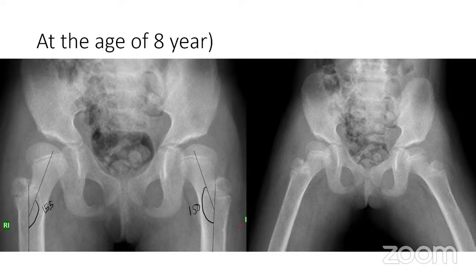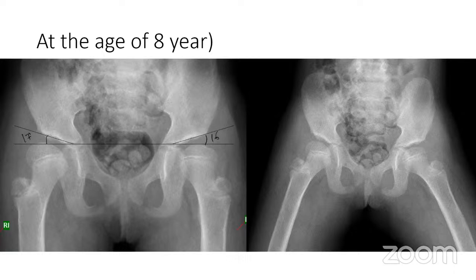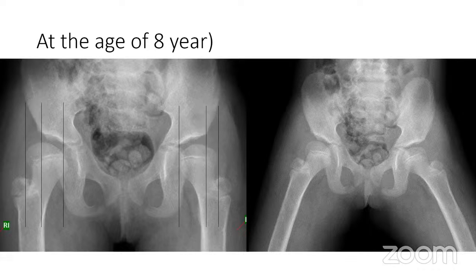We can see that there is clearly coxa valga, and there is also a caput valgum, and the acetabular index is reduced on both sides. The Weber center-edge angle is also less than normal, less than 25 degrees on both sides.